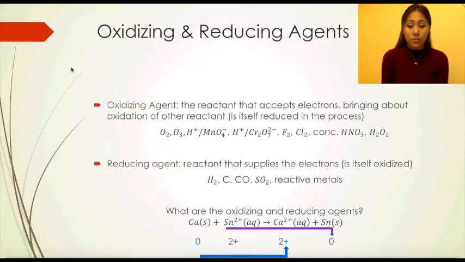So in this case, it should be obvious that calcium is the one being oxidized and tin 2+ ions are reduced. When we refer to oxidizing and reducing agents then, calcium, the one being oxidized, is the reducing agent, and tin 2+ ions, the reactant that's being reduced, is the oxidizing agent.